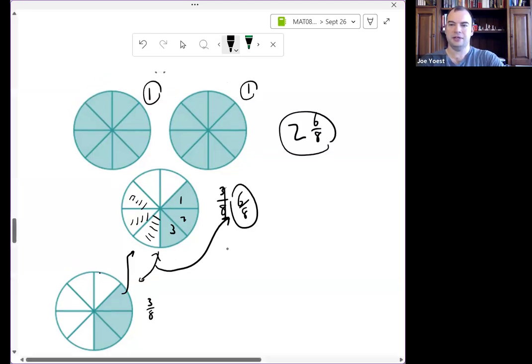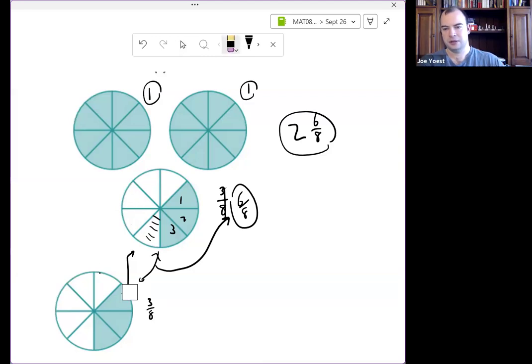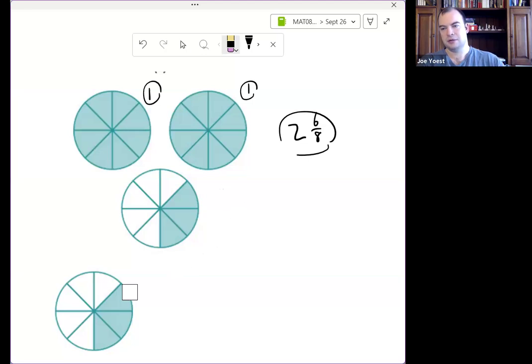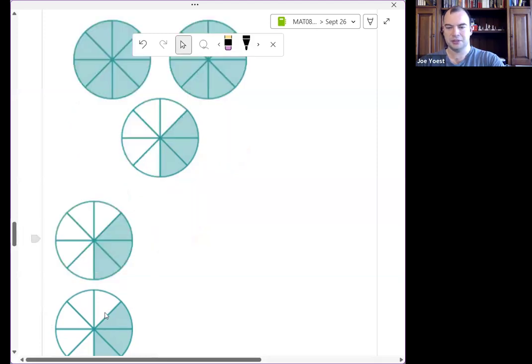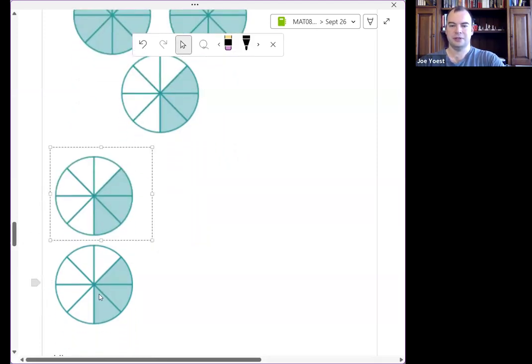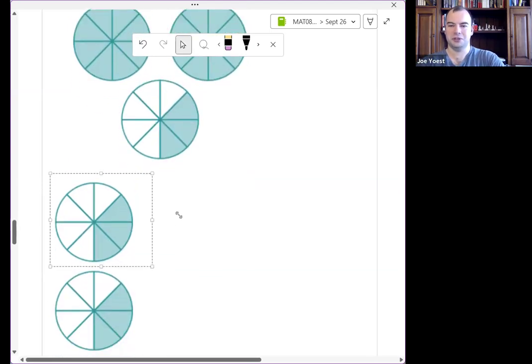What if I had even another? Let me erase all of this. What if I even had another one of these? I would love to put this over here, but OneNote doesn't let me move things around that easily.